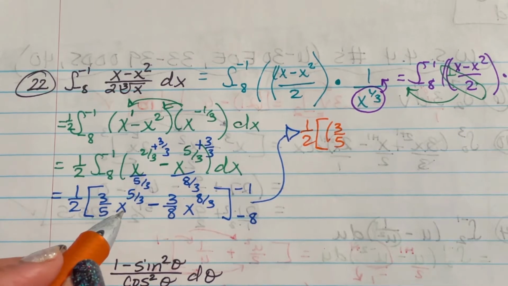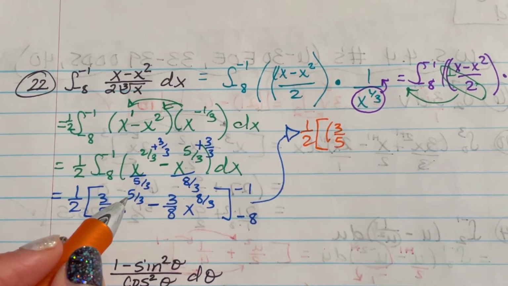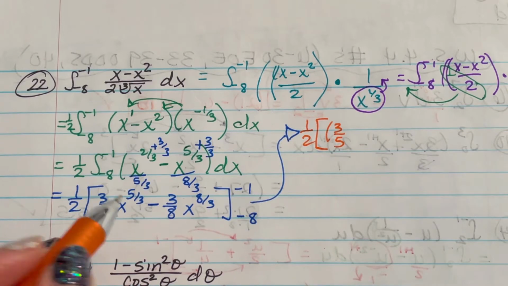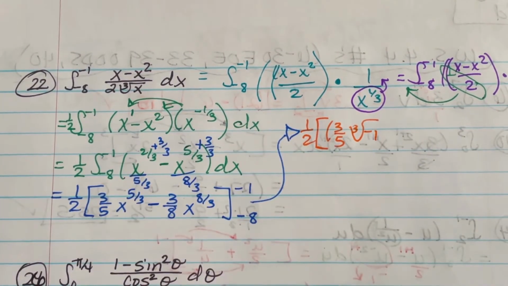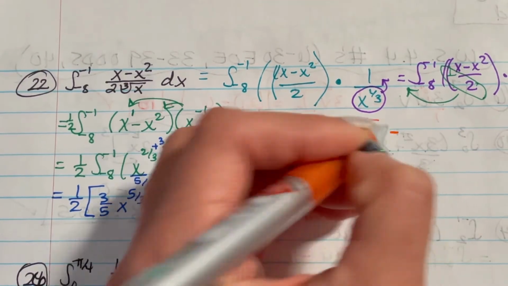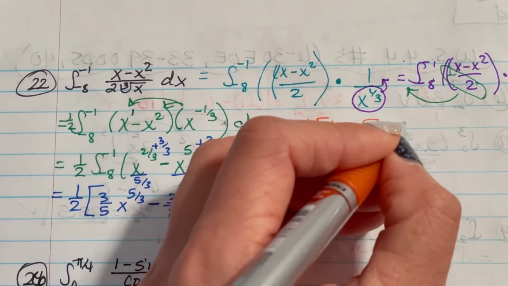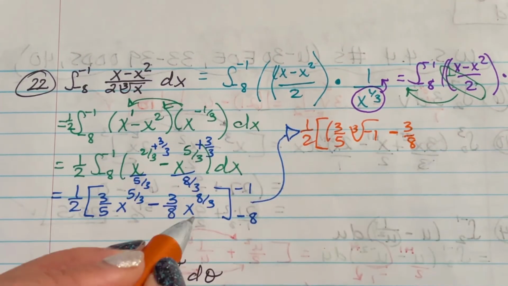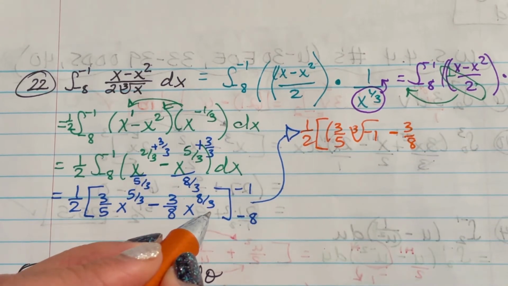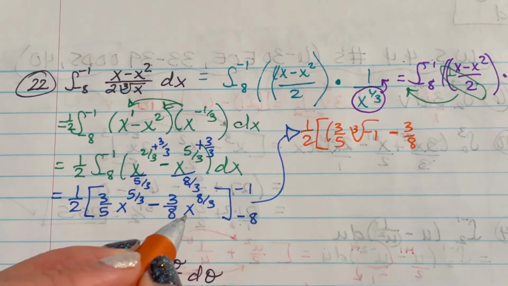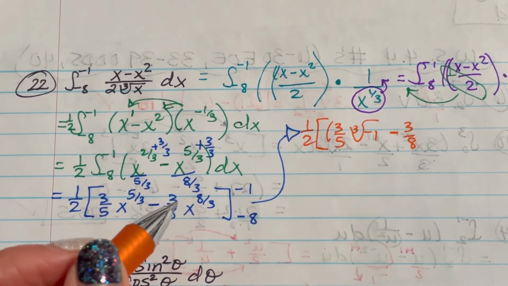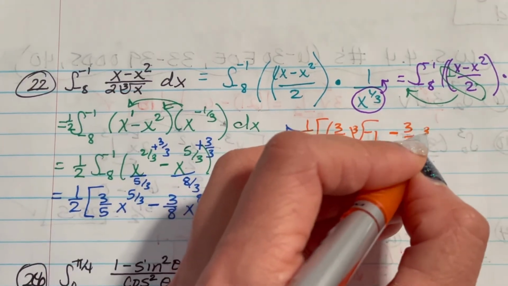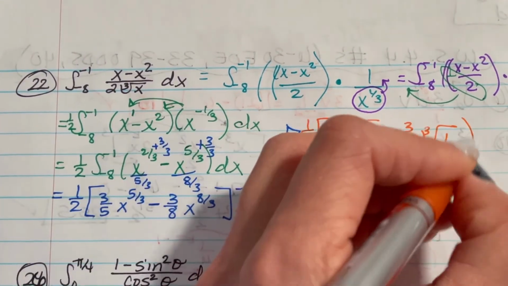So it's the cubed root of -1 to the 5th power. -1 to the 5th is still -1, so it's the cubed root of -1. I'll just write it like that for right now. Minus 3/8 times the cubed root of x to the 8th. So when I plug in a -1, -1 to the 8th power is a +1 because it's an even numbered exponent. So it's the cubed root of 1.